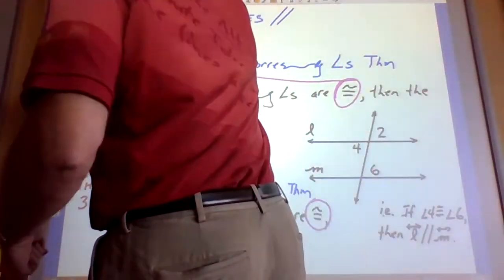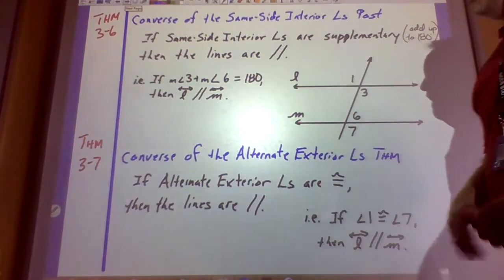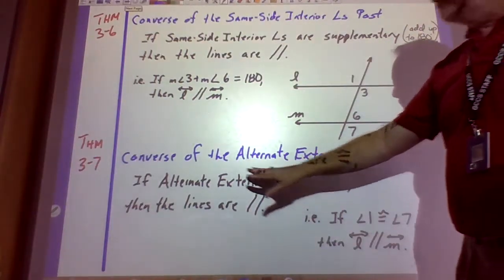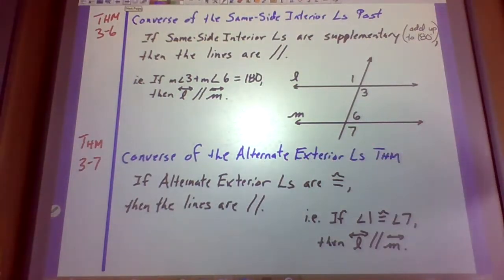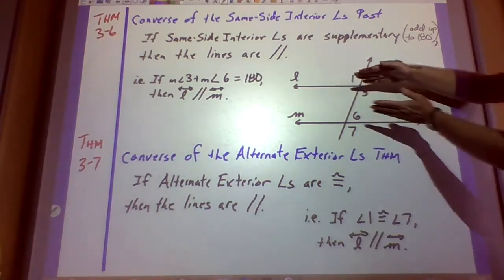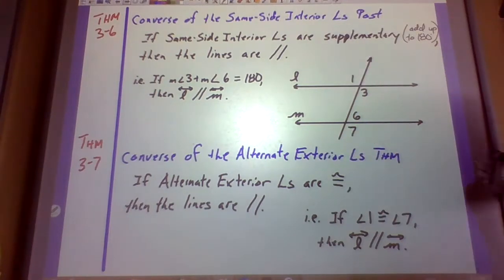We're moving on to the next two relationships. Okay, it's the converses, like I said. I'm going to skip this one for a moment because he is the weird one. And I'm going to go to the converse of alternate exterior angles. So if you look at this beautiful picture, exterior angles would be ones outside of the parallel lines.